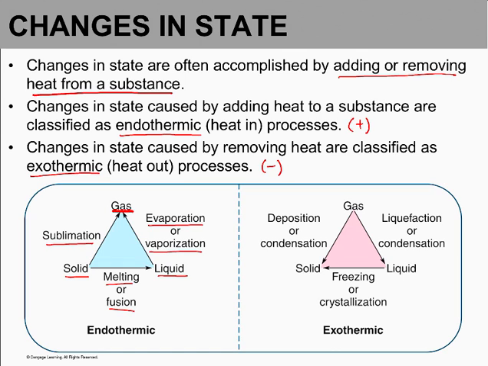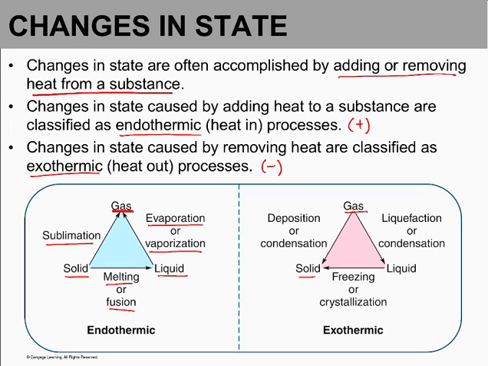Now on the right-hand side, we have some exothermic processes or changes in state. So let's say that a gas is turning into a solid. We would call that deposition or condensation. And when a gas turns into a solid, it's actually releasing heat into the environment.